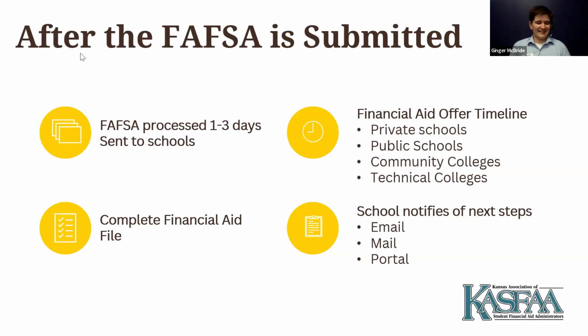And that should come with the asterisk that each school is going to do things in their own way. So although there may be some trends, it doesn't mean each school is locked into doing it the exact same way as every other type of school. Students will typically be notified of next steps and whether their financial aid offer is available either via email or via mail, and they may have access to that information through a financial aid dashboard or portal.